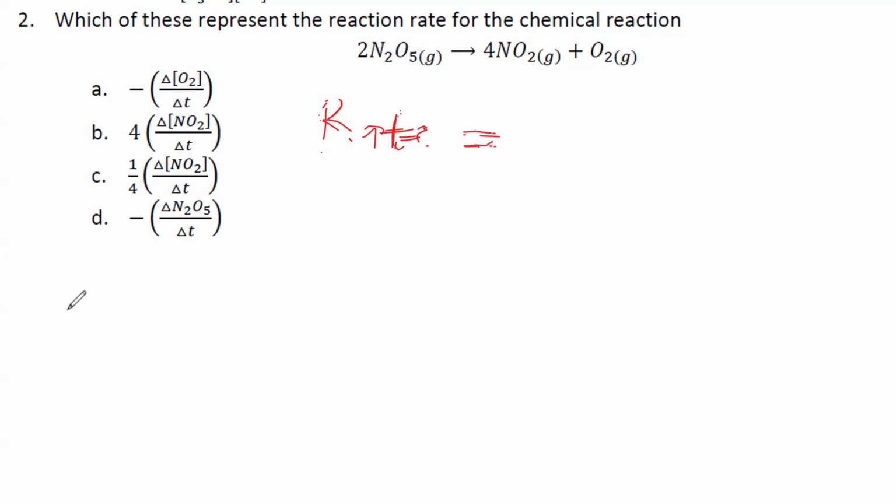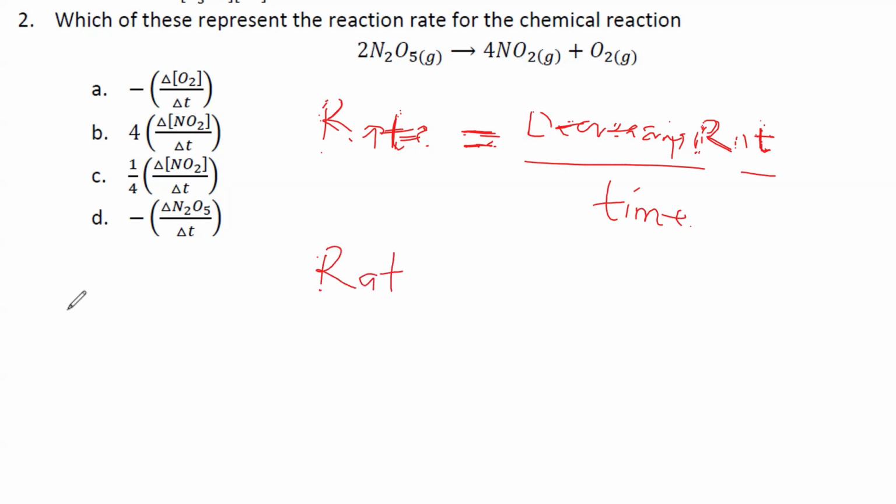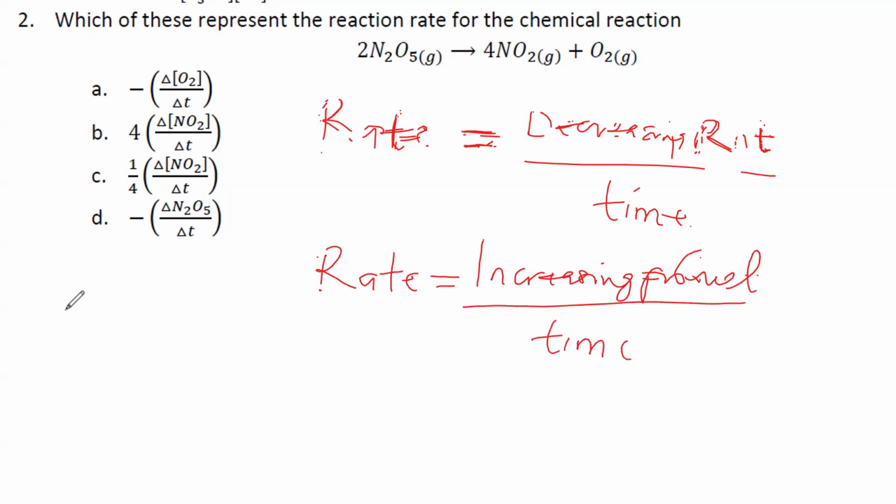The rate can be measured by decreasing reactant concentration with time, or you can also measure the rate of the reaction by increasing the concentration of product with time.